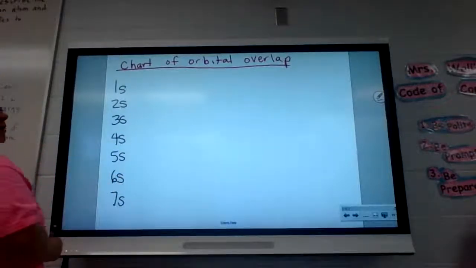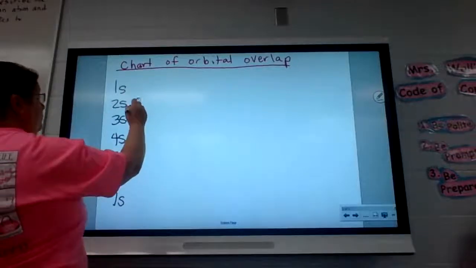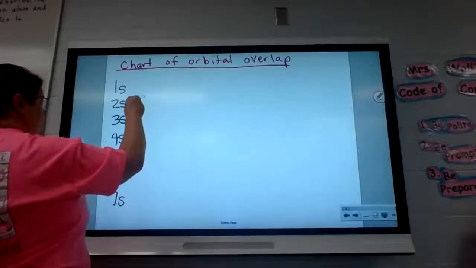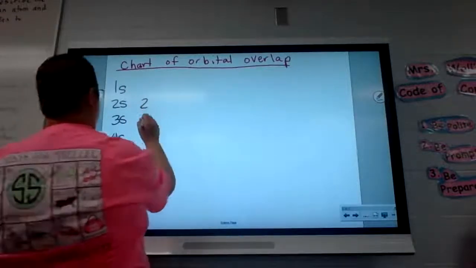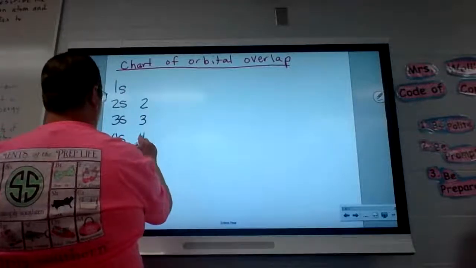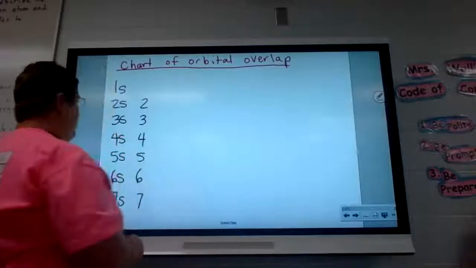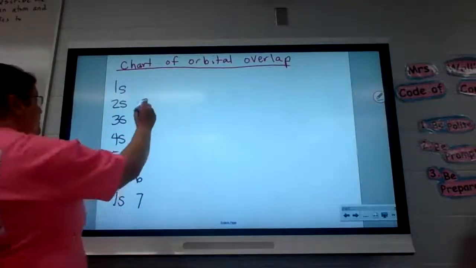From there, the second row starts at 2. It really does work better on lined notebook paper. What number did we go to? 7? Yep. So 2 through 7. What's the second sublevel? Gonna put P's beside all of these.